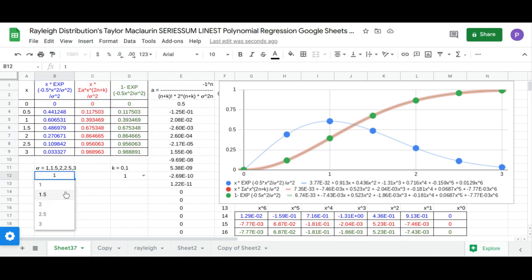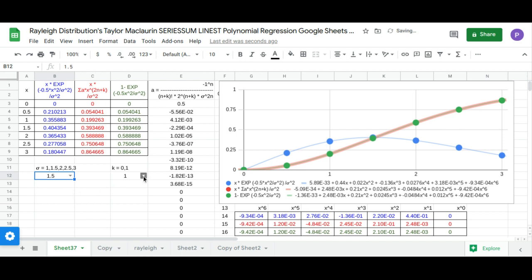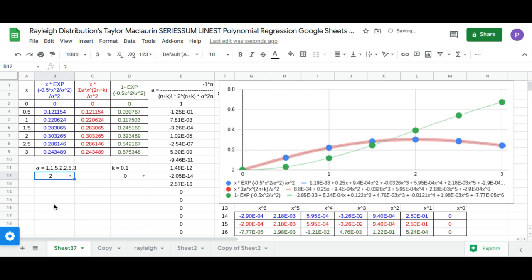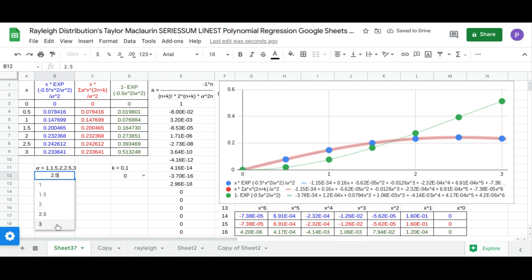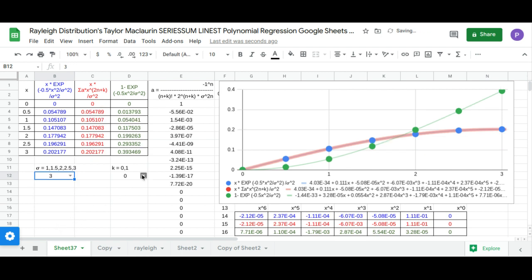At 1.5, you can toggle to 0. At sigma is 2, you can toggle to 1. At 2.5, you can toggle to 0. And at 3, you can toggle to 1.